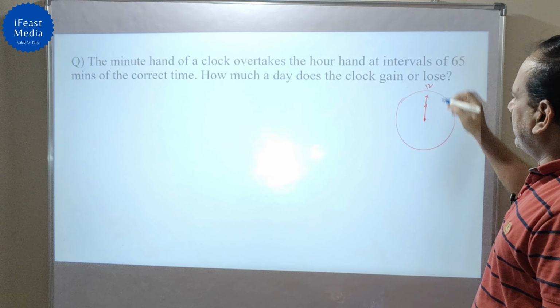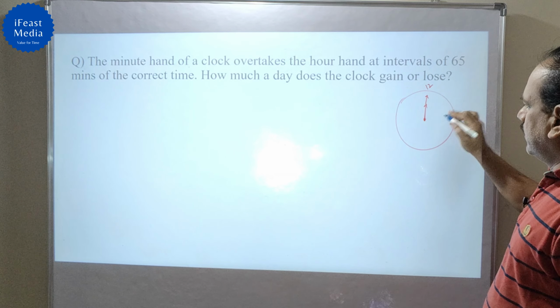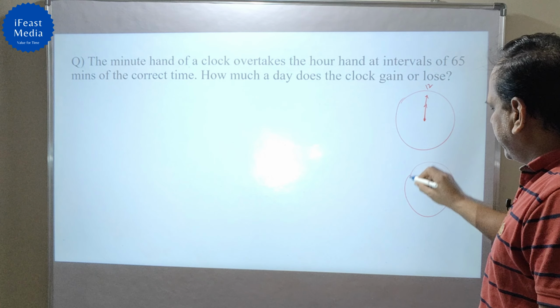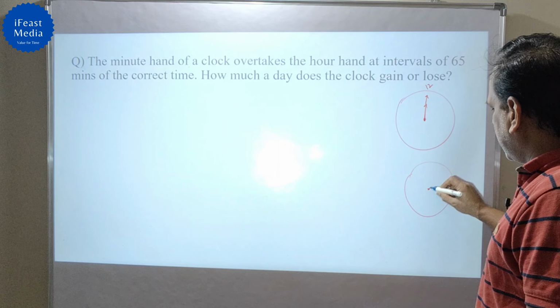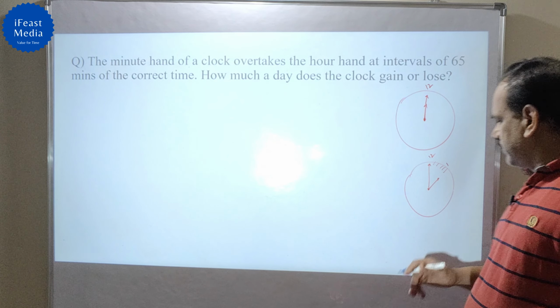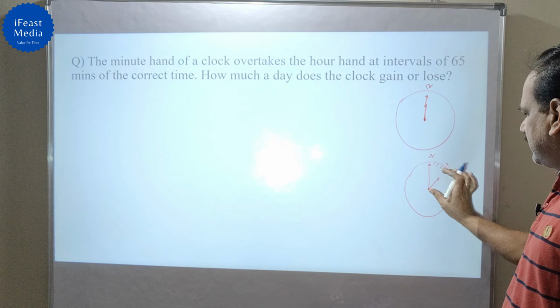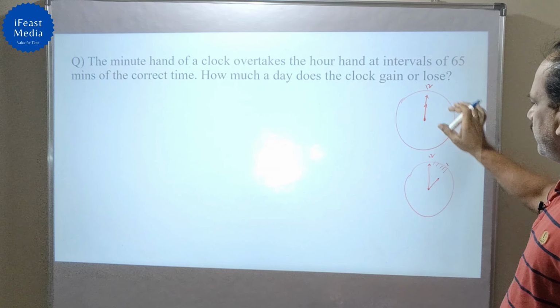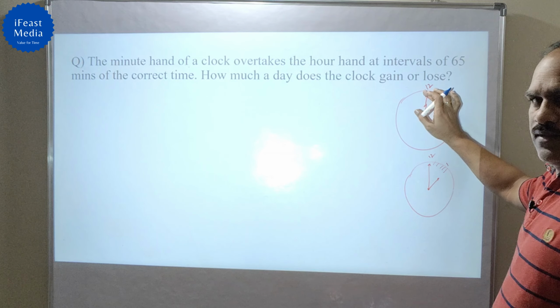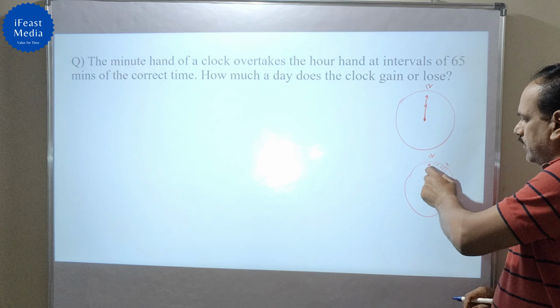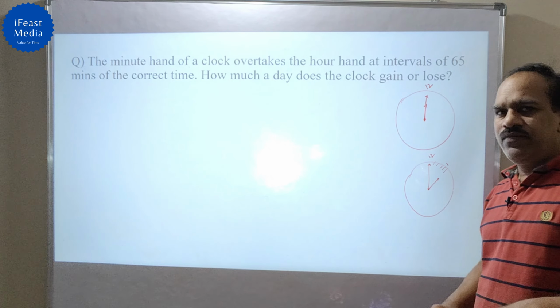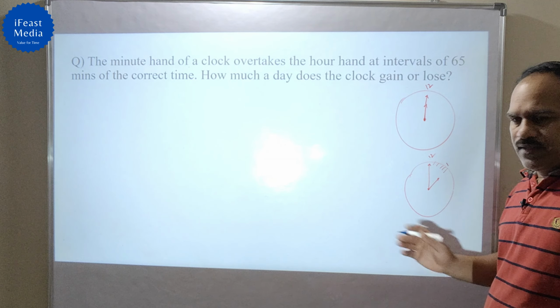When both the hands coincide at 12 o'clock, and when the time indicates 1 o'clock, within 1 hour the hour hand will move 5 minute spaces and the minute hand will move 60 minute spaces. So the minute hand will gain 55 minute spaces. What is the difference?